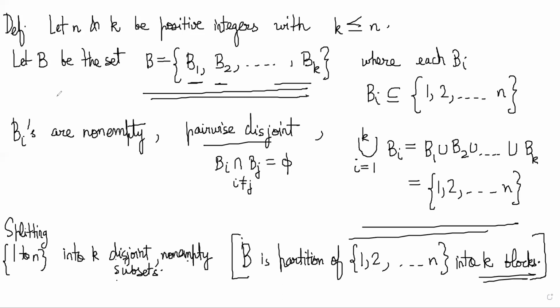So nothing can be common between any two of those subsets. And when you take the union of all of those subsets, it becomes the full set 1 to n. If you can find such k subsets, then the set B of such subsets is called a partition of the overall set. So let's do an example quickly and understand how to think about this.